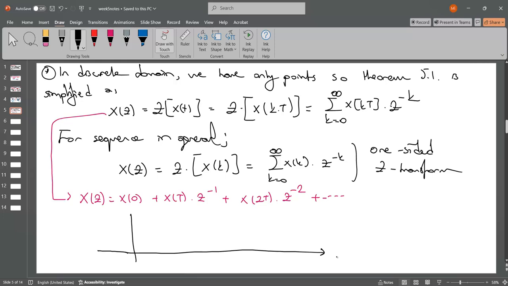This is called n, okay? This is the sequence index, right? And so, how can we write in this term x(k) or x(n) in here. This point is z^0. This is z^{-1}. This is z^{-2}. This is z^{-3}. This is z^{-4}. Blah, blah, blah. Okay? And so, in the unit step, we have this kind of signals, just like this one.